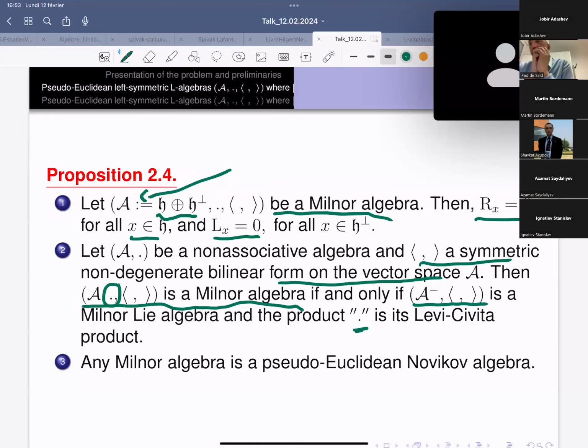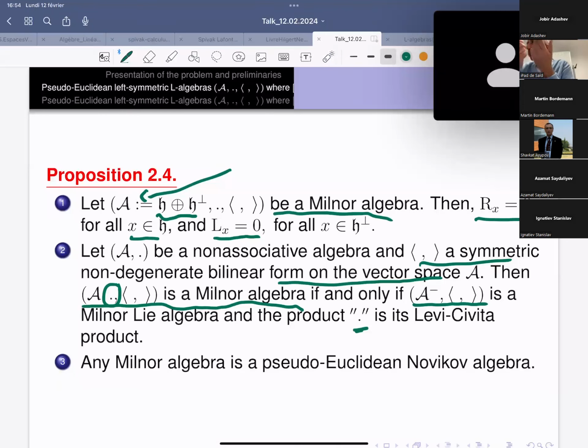If you work with a flat Lie algebra and you want to work in the non-associative algebra, you should consider the underlying vector space of the algebra with the Levi-Civita product.